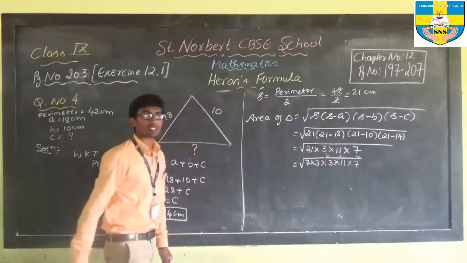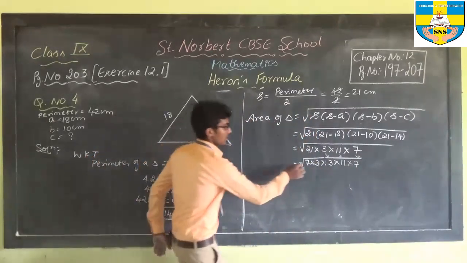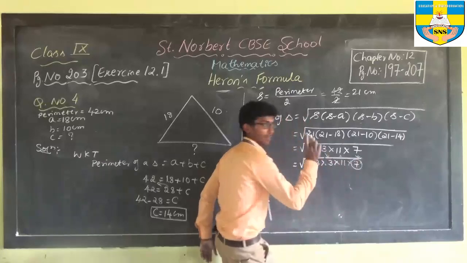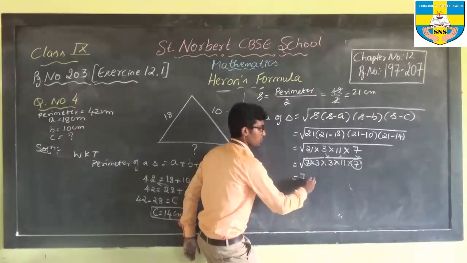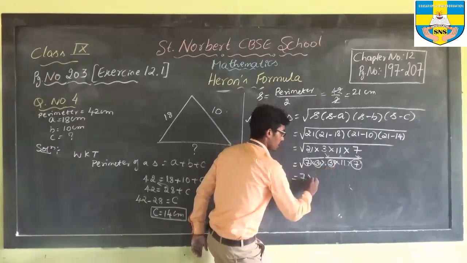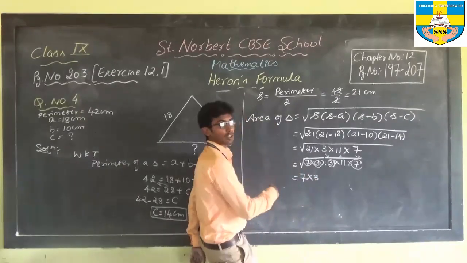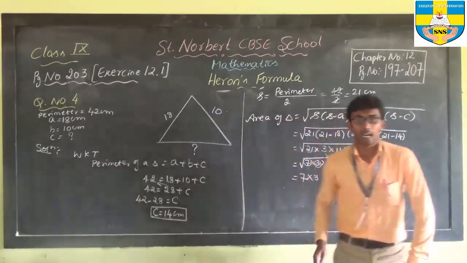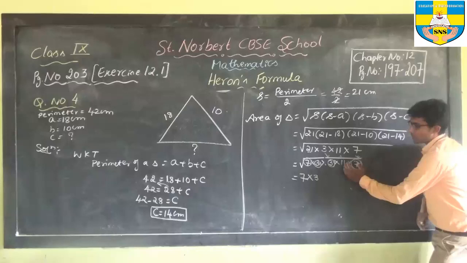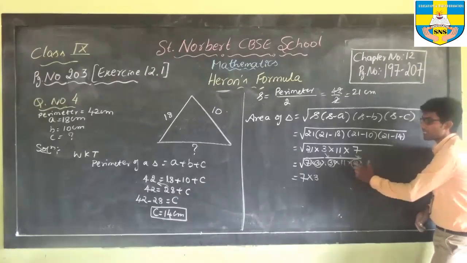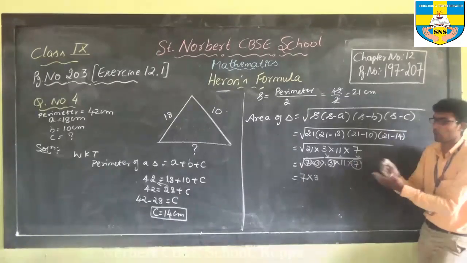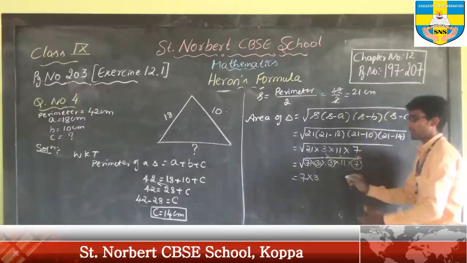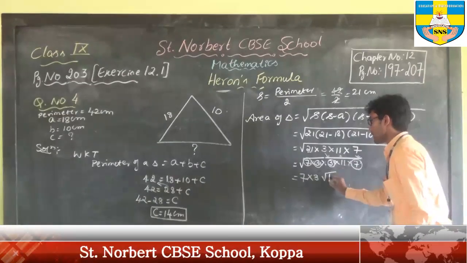Now at the end of this, can you make groups of numbers? 7, 7: the first group I am taking outside the square root. 3 and 3: the second, it is again out of the square root. 11: you don't have another 11. If there is another 11, I can make a group and take it outside the square root, but there is only one 11, so it should be inside the square root.